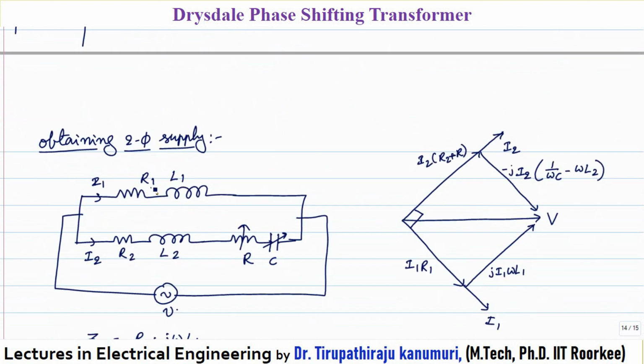The first coil has R1 and L1, connected to the supply. The second winding is also connected across the supply, with inductance L2 and resistance R2, connected in series with a variable resistor R and a variable capacitor.